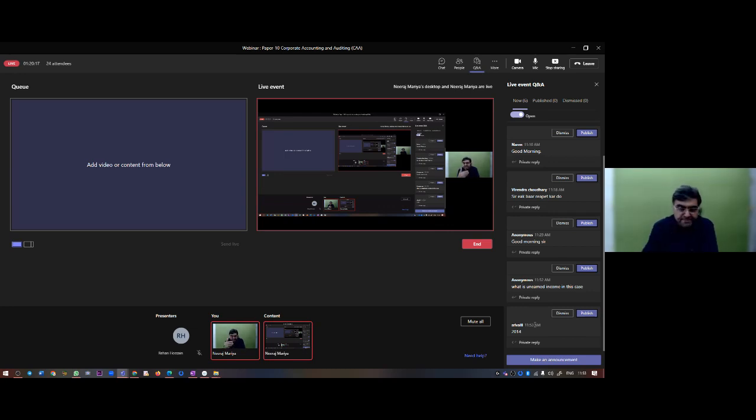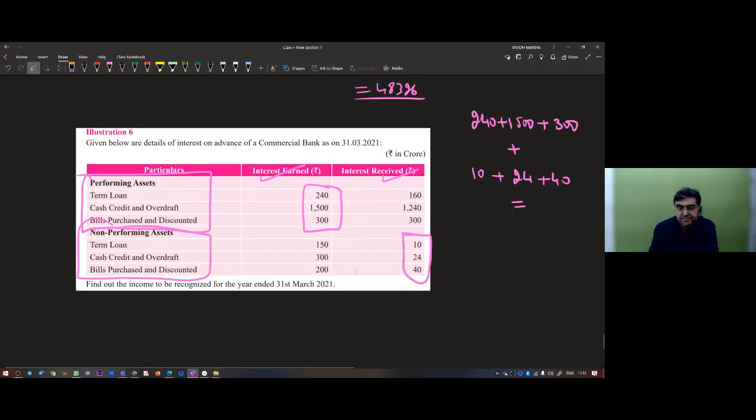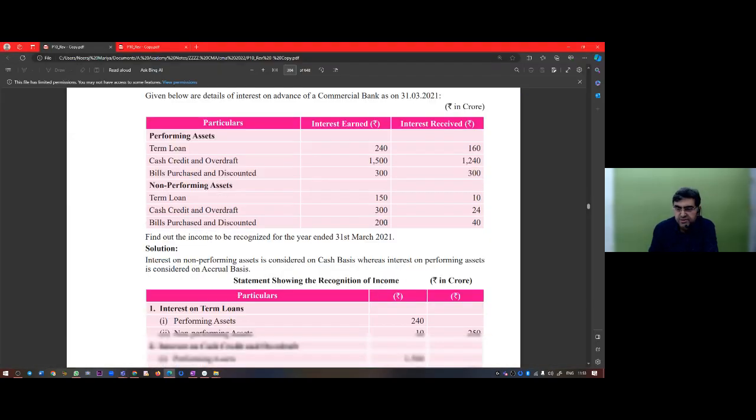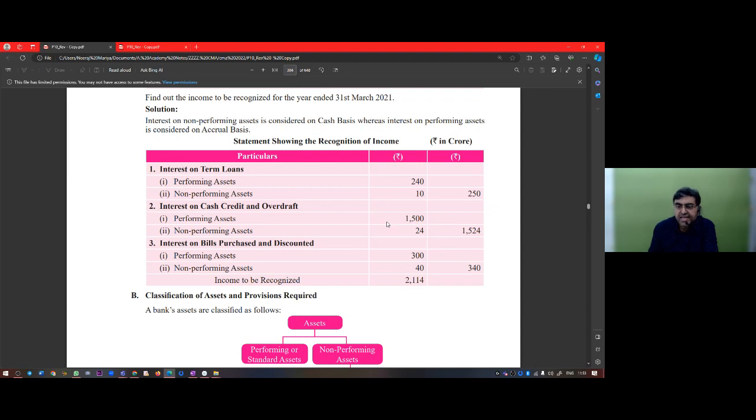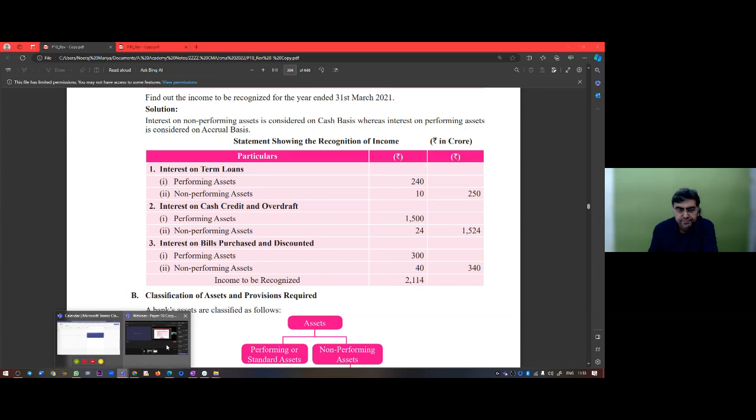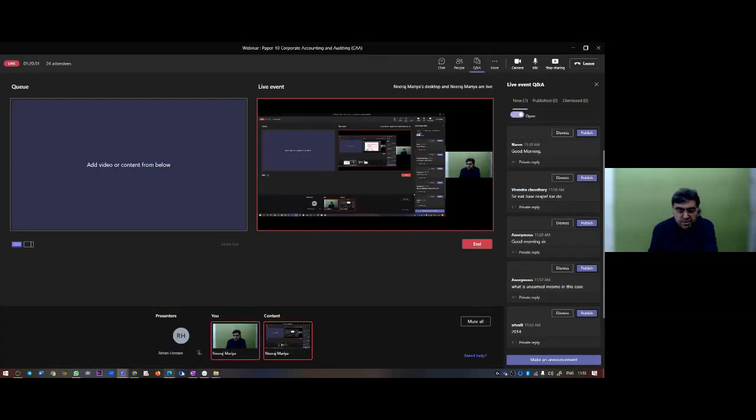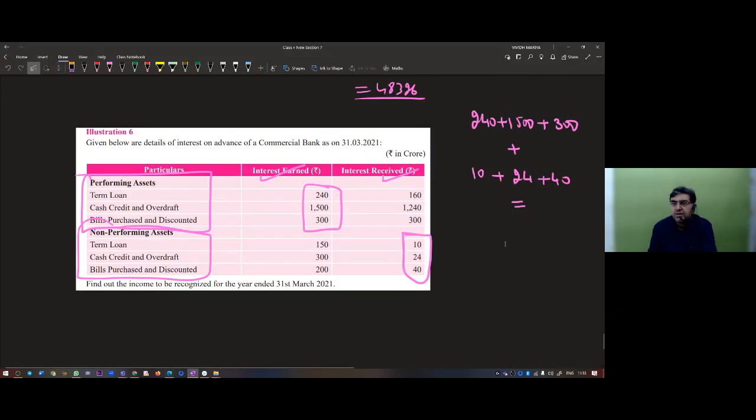The answer is 240 plus 1500 plus 300 plus 10 plus 24 plus 40, which is 2114.